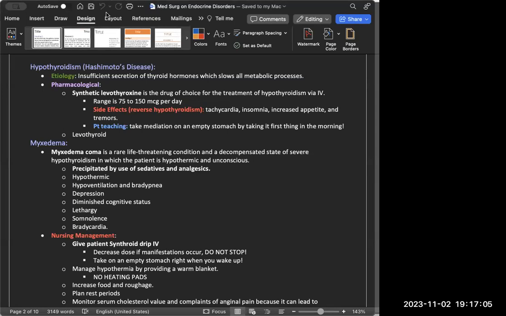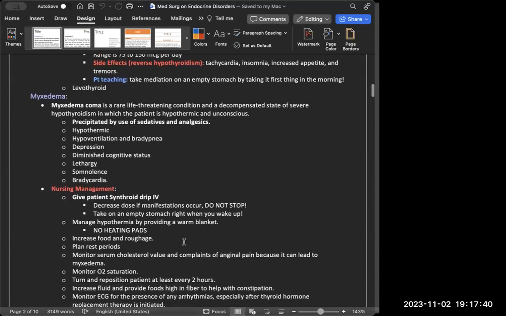So for your pharm test, if I have a patient who has hypothyroidism, the expected adverse effects include tachycardia, insomnia, all of those sympathetic stimulation effects, tremors, increased appetite, and important patient education: I want my patient to take this medication on an empty stomach first thing in the morning to prevent any sort of GI upset. Okay, so that's an important medication in the endocrine system for hypothyroidism.